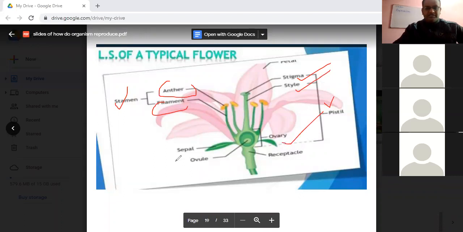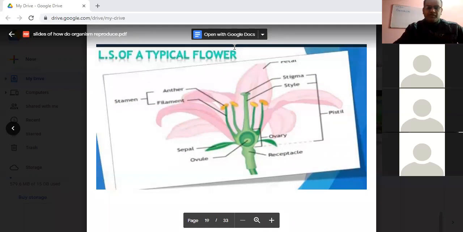These are the sepals, which are at the bottom and protect the petals or upper whorls of the flower. And these are the petals, which need to be attractive for attracting the pollinators. Okay, is it fine, Shivam? You asked to repeat.